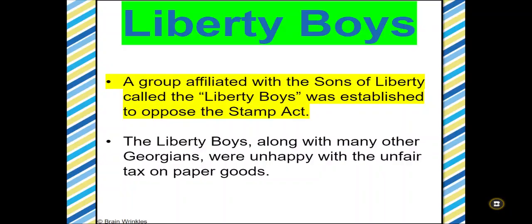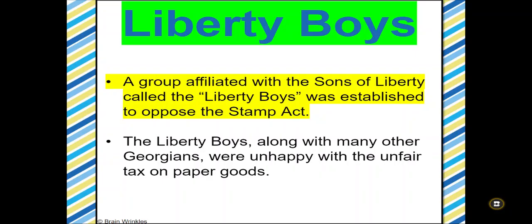Because many people were upset about the Stamp Act, as well as many other acts, but again, we're going to look at the Stamp Act in Georgia history, they would have these violent protests, these violent rebellions to show Great Britain we're not standing for this. One of the groups that came about was called the Liberty Boys.